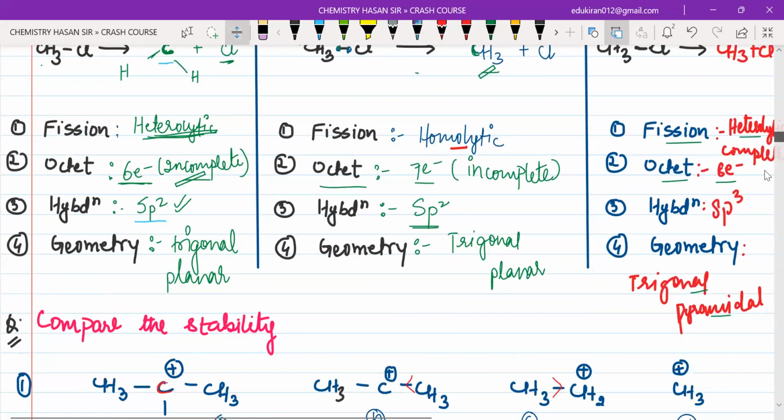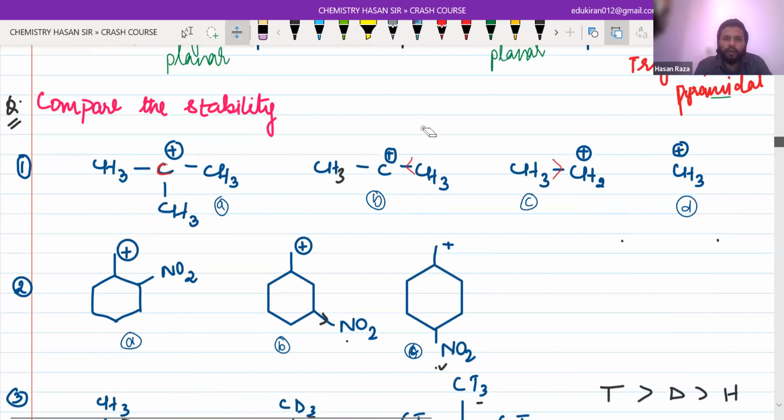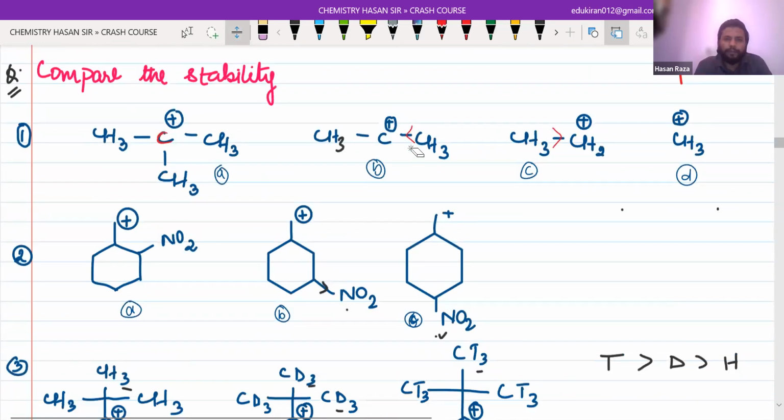Okay. Now you need to do this question. You need to arrange this question. Which one is more stable? Which one is less stable?